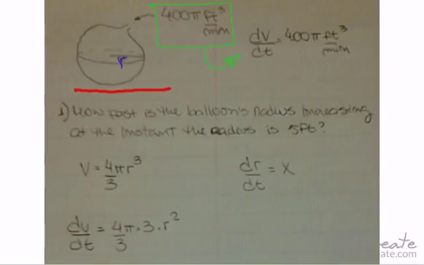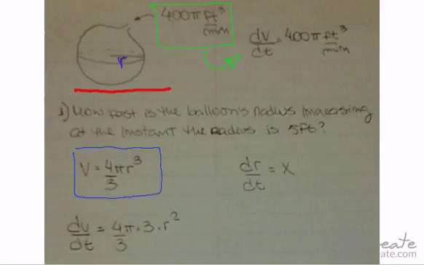For the first question, we're trying to find an equation that mixes those two things, the volume and the radius. So I decided to use the formula for the volume of a sphere.